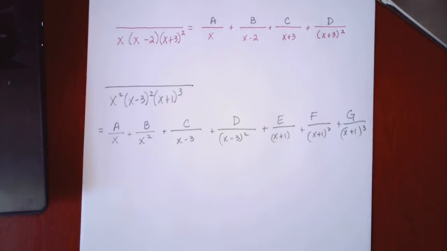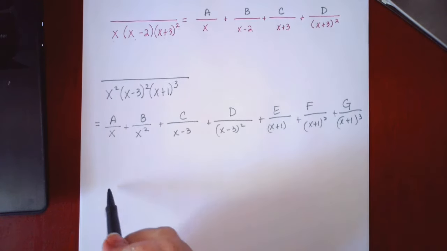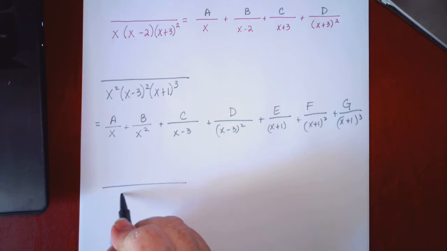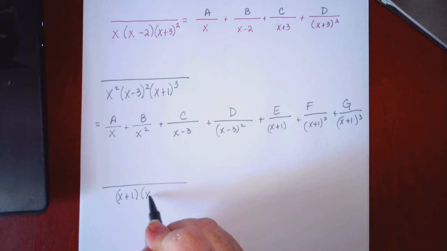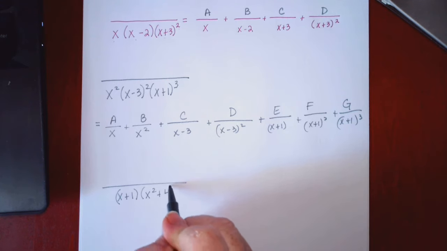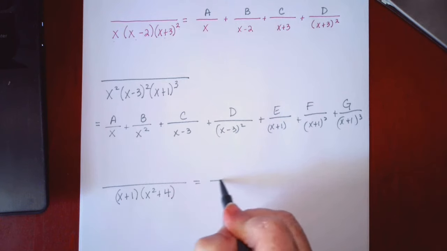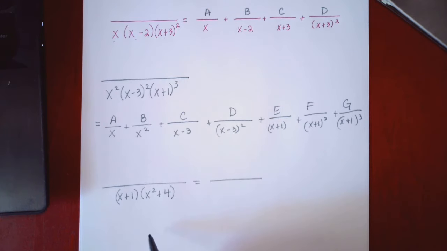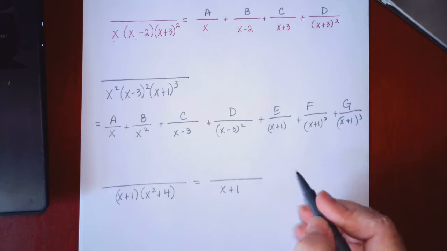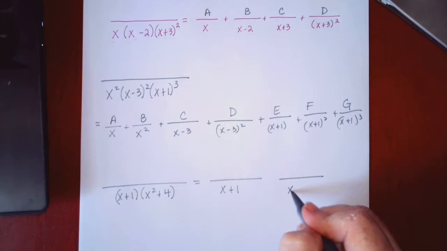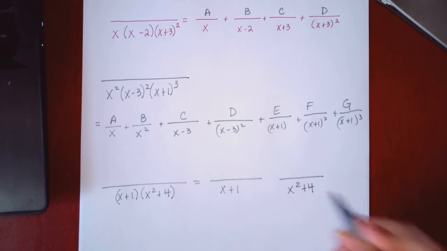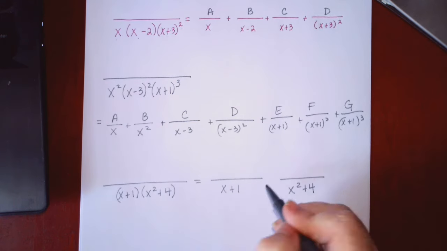So what if our original had something like x plus 1 times x squared plus 4? Then our decomposition would only have 2 fractions. We would have one for the x plus 1, and we would have one for the x squared plus 4.